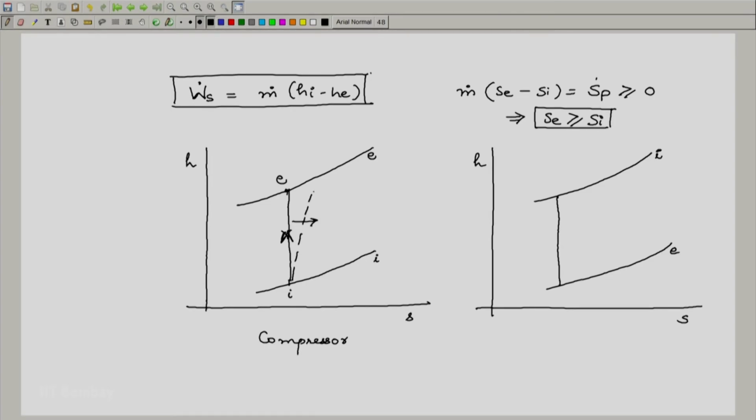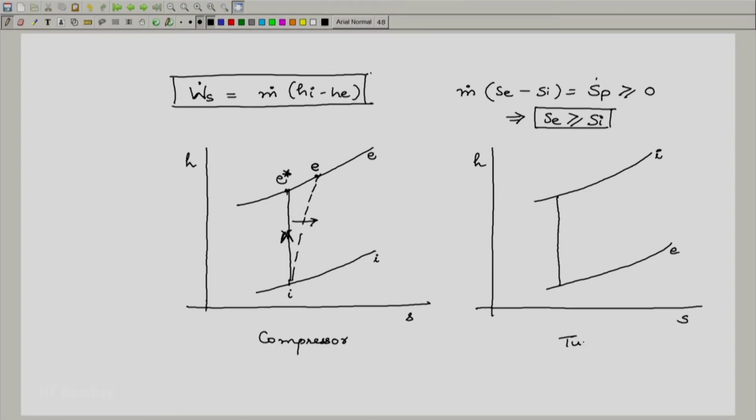And since I do not know how it would be, I am just drawing it with dotted lines, and this would be the real exit state. So, let me call the ideal exit state as E star. This is the ideal exit state, and hence the real exit state would be somewhere here.